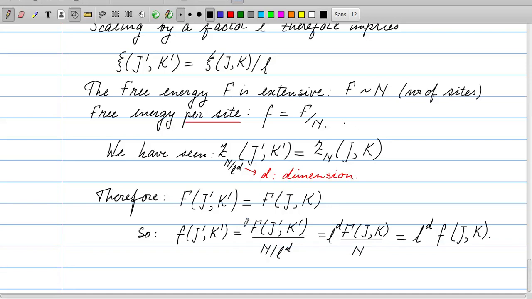And so I can put the L to the power d in front of this, and I get L to the power d times f(J,K), which is equal to the renormalized f. And if I divide that by n, I see that I have the following relation. The new free energy per lattice site expressed in terms of the coupling constants J primed, K primed, is L to the power d times the old free energy per lattice site. So that is before renormalization. So the scaling factor for the free energy is L to the power d.